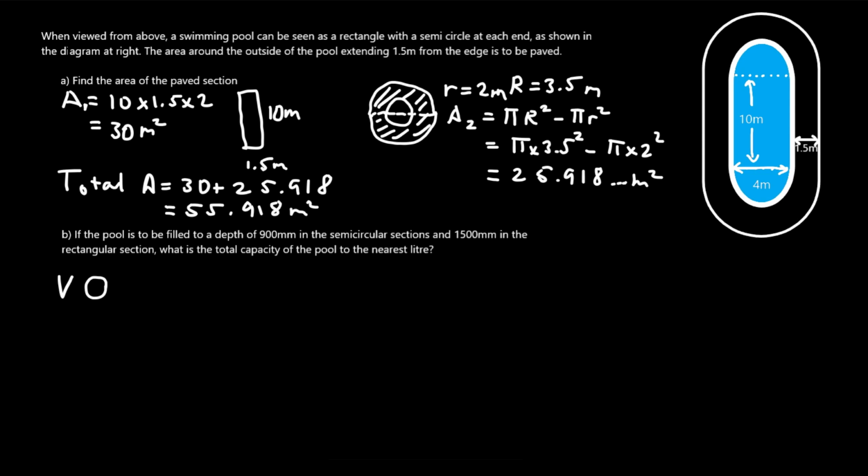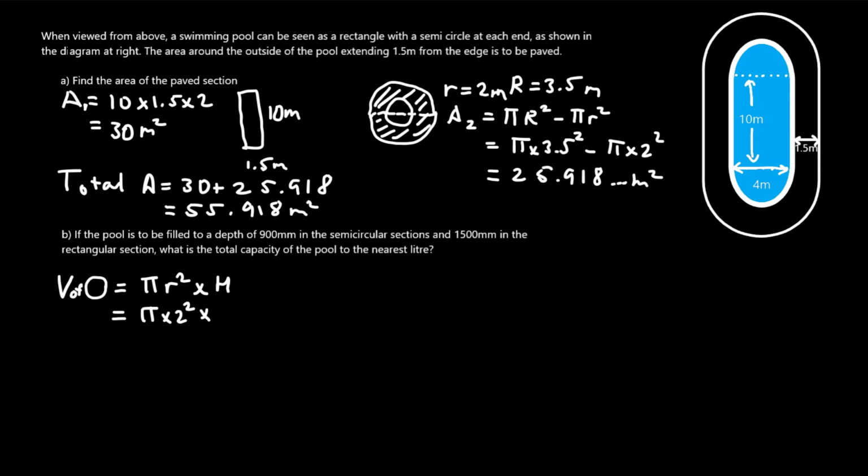So the volume of the circle would just be pi r squared times height, because obviously it's going down into the pool so that it has water inside of it. So this will just be pi times 2 squared times height. Now if we use 900 here, we would get a very large answer. But in the diagram, everything's in meters.